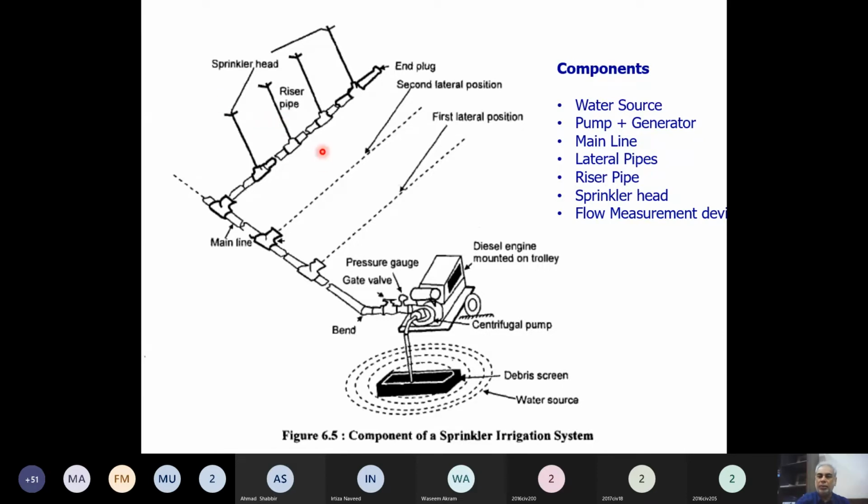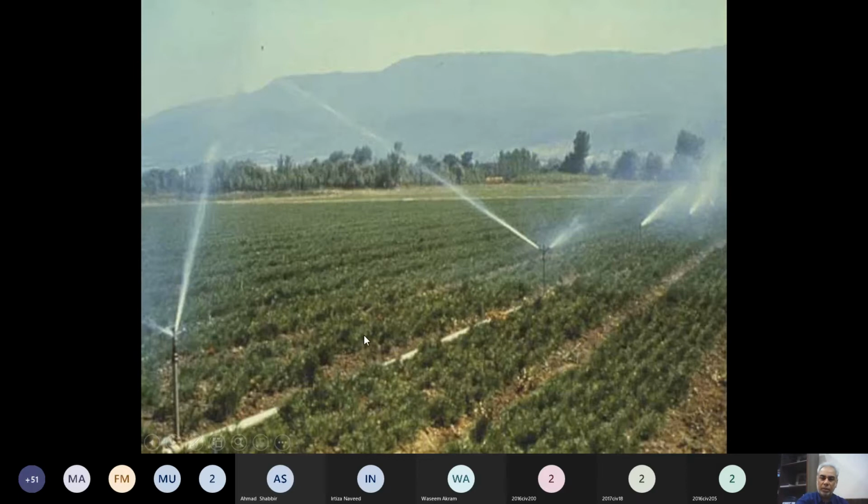So these are some components which are there: lateral pipes, main pipes, riser pipes, then the sprinkler head, and in addition to that, we need some flow measurement devices. Pressure gauges are required to control the pressure inside the system. So this is the actual application of this kind of setup in the field.